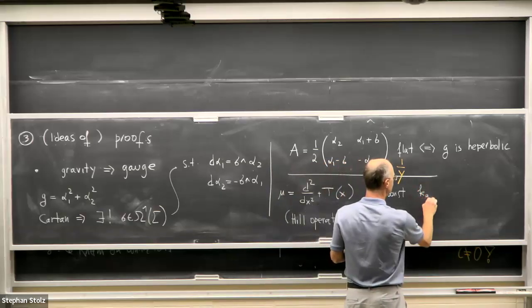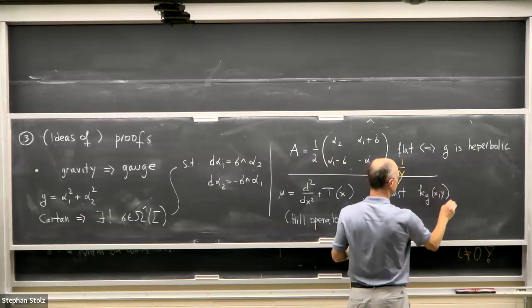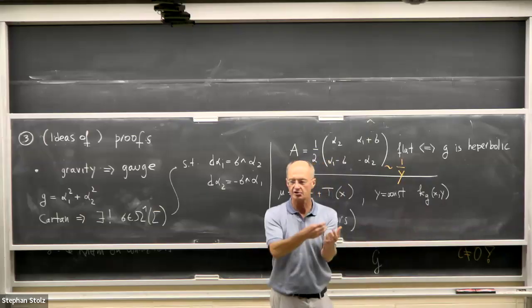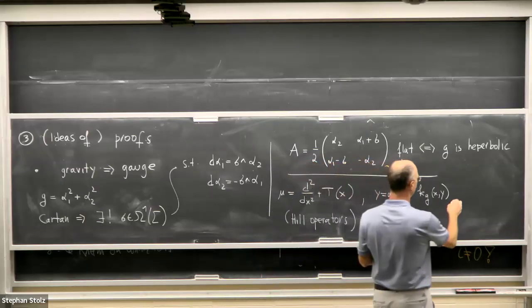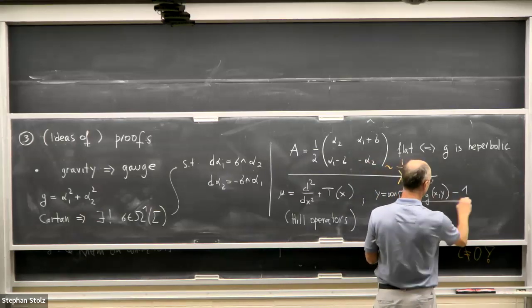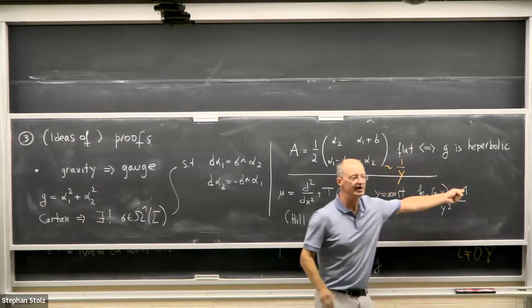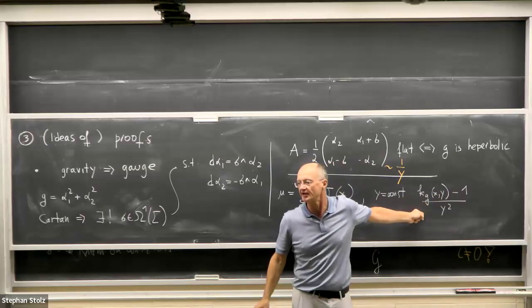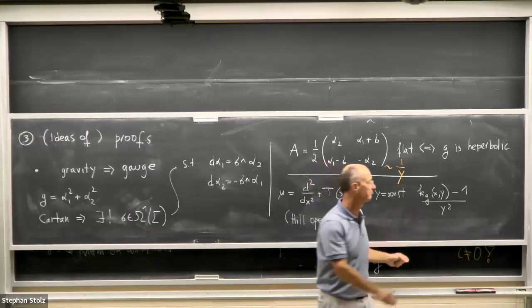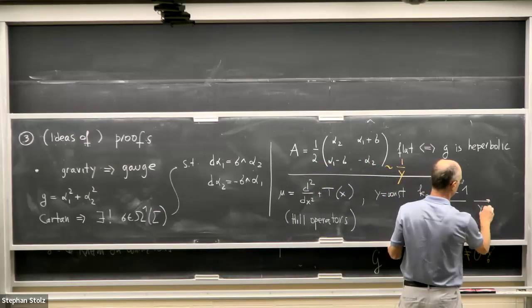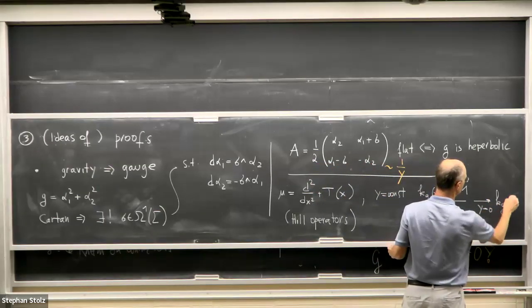They have a geodesic curvature, k_g, which depends on x and on y. One more miracle of hyperbolic geometry is that if you subtract 1 and divide by y squared, this guy has a limit when y goes to 0. So it goes to some function.